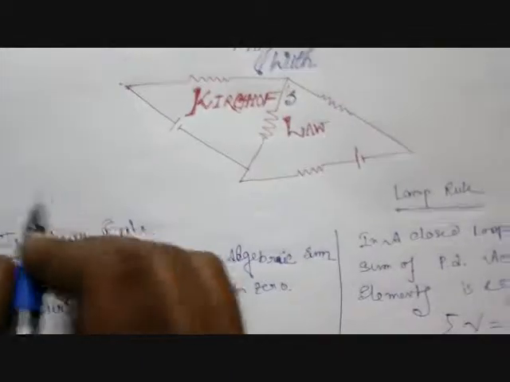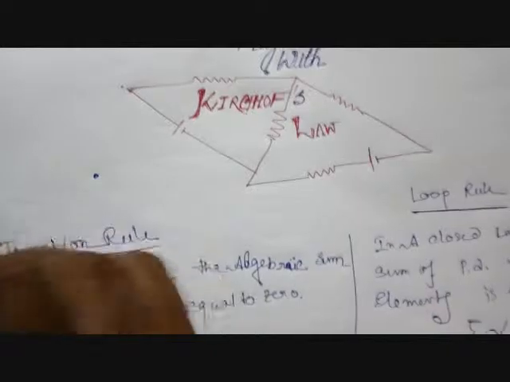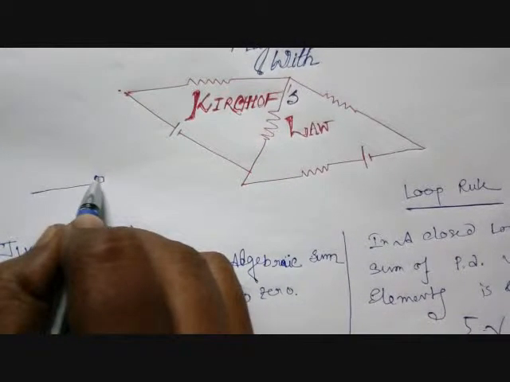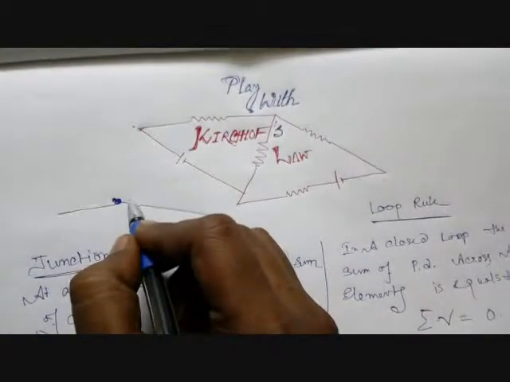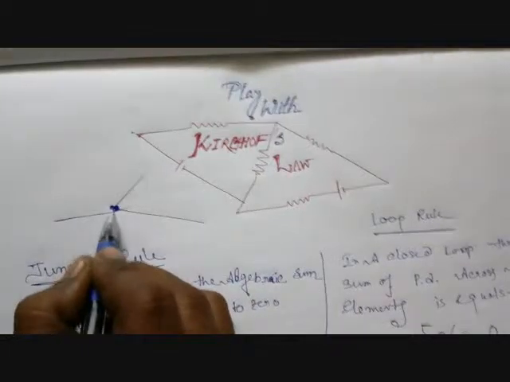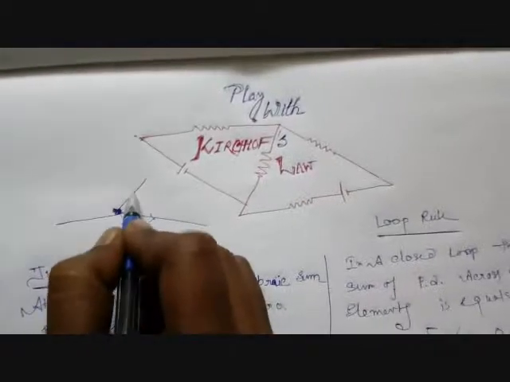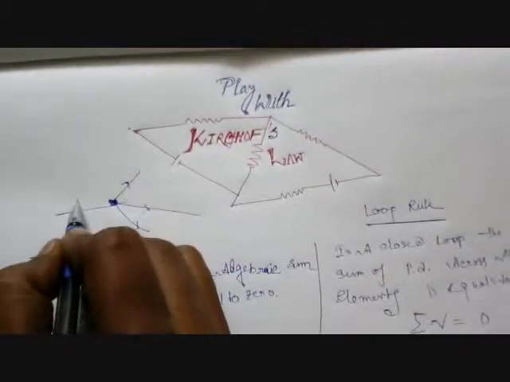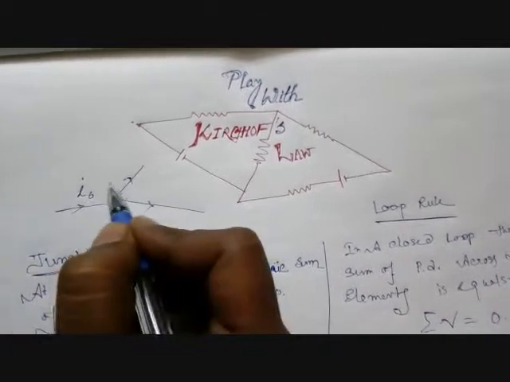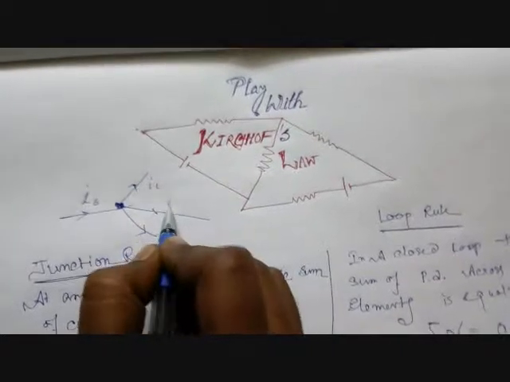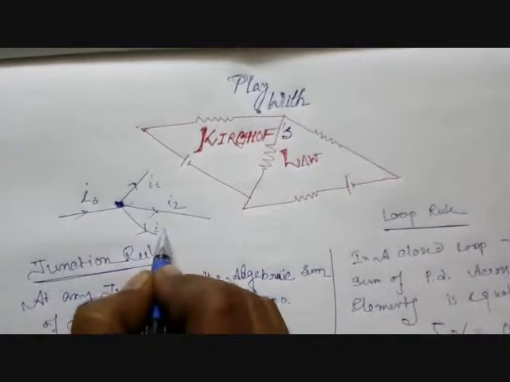So we can explain that with some examples. Suppose we have a junction, one current incoming, and another two or three outgoing. Suppose the incoming current is I0 and the outgoing currents are I1, I2 and I3.